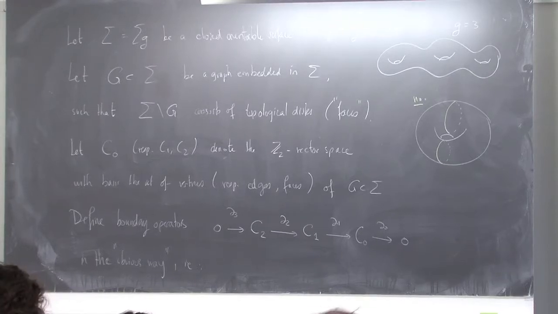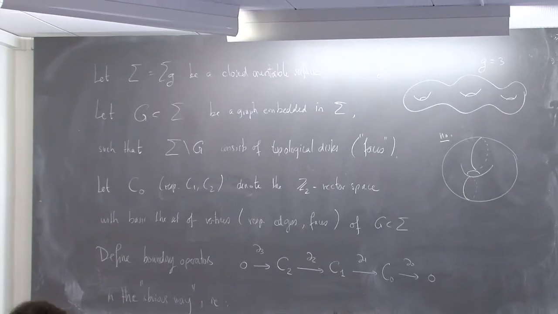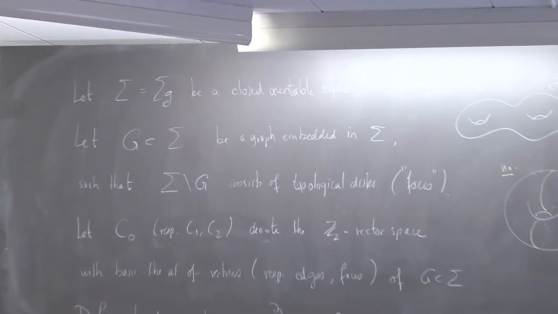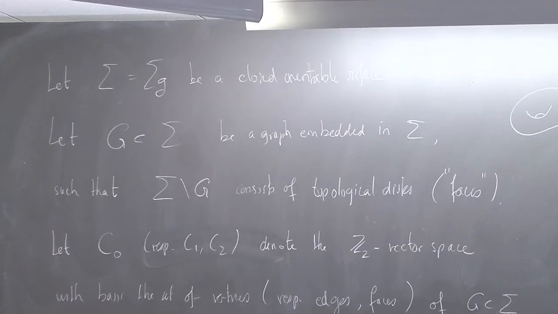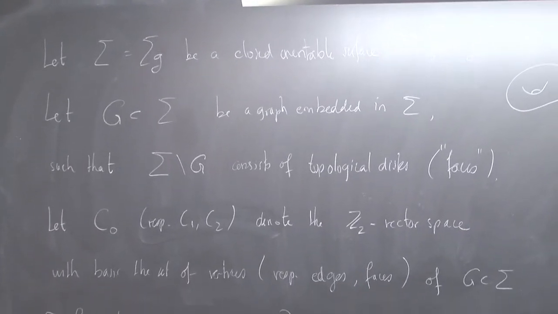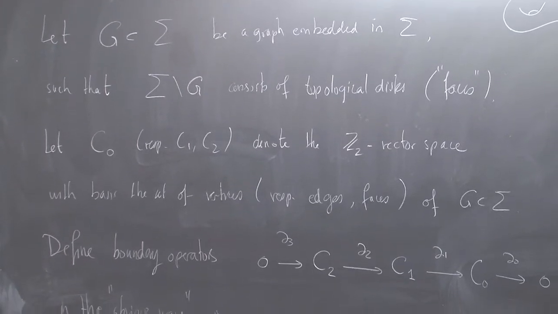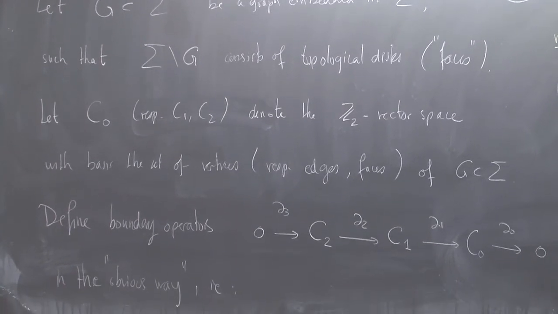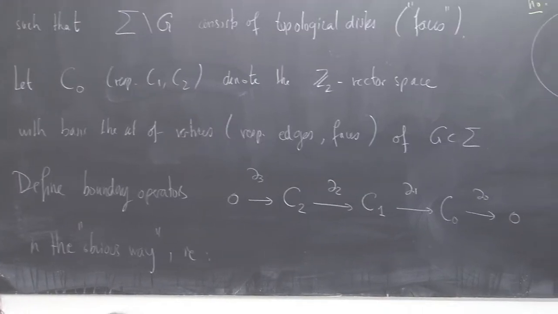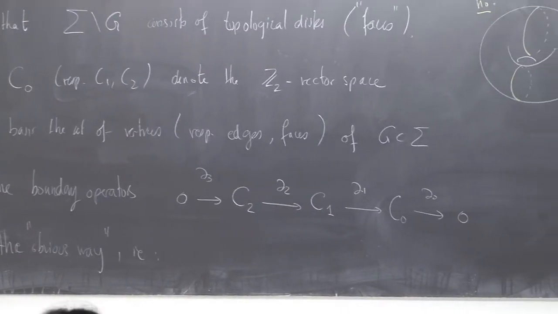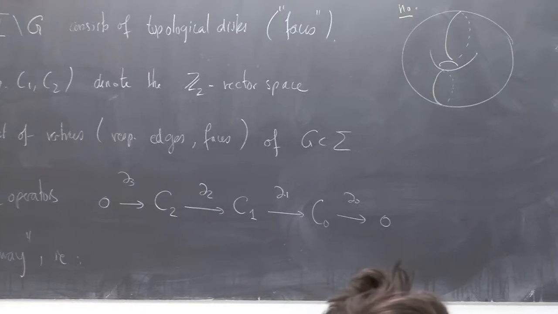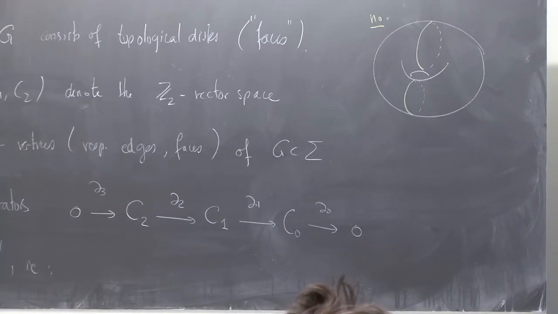The other ones are trivial. So let's see, how can I define delta 2 of a face? I have a face F. It's a topological disk. So you have some kind of boundary made of edges.